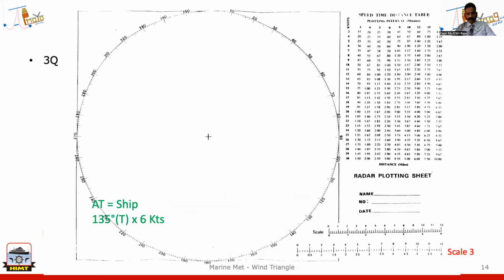So I'll try to keep my ship on the southern part of my sheet so that I can keep some empty space on the northern part. So I'm taking the first grid as Alpha, draw 135. It is only 6 knots. The ship speed was very less. I got Tango, so 6 centimeters. I got the second grid also.